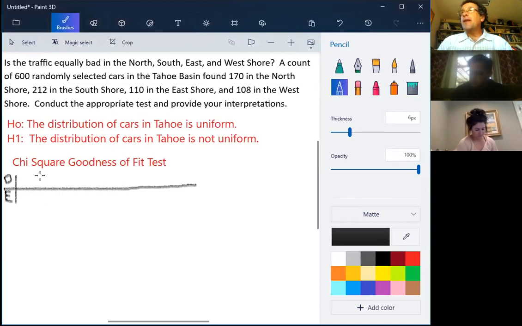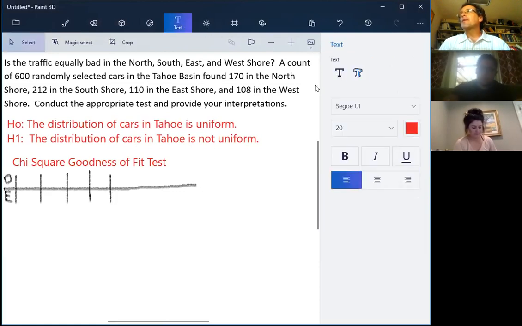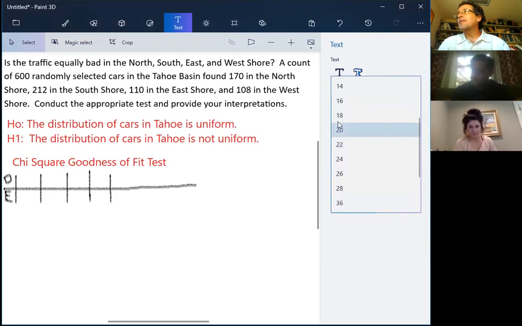Okay, and then we had four shores, the north, south, east, and west. And we should put our numbers in. Hopefully I've put enough room for those. Make the text a little smaller because I'm worrying about fit.